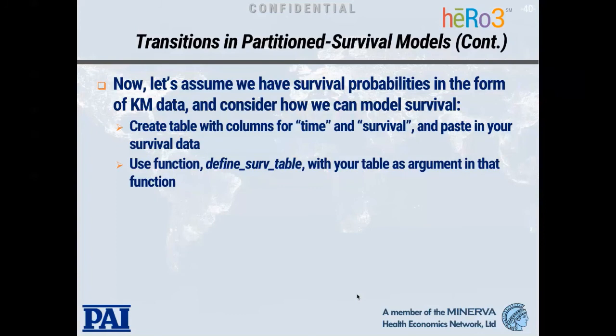Then you can use the function define_surv_table with that table as the only argument, and that will create a survival distribution based on that table. It essentially automates the process of looking up the survival probabilities given the Kaplan-Meier output that you've put into it.